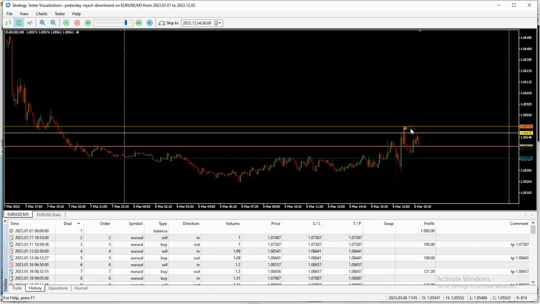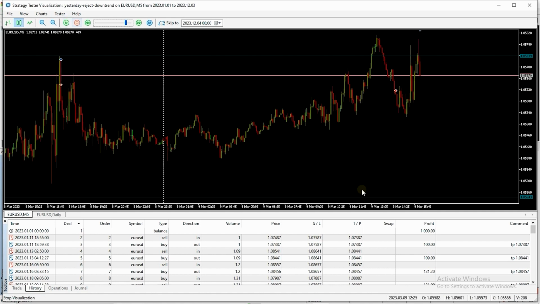In the previous version, it would place a buy limit at this low level. But here it detected an uptrend, and just in that moment it opened a buy position. Here again price created a downtrend, and it opened a sell position at that moment.